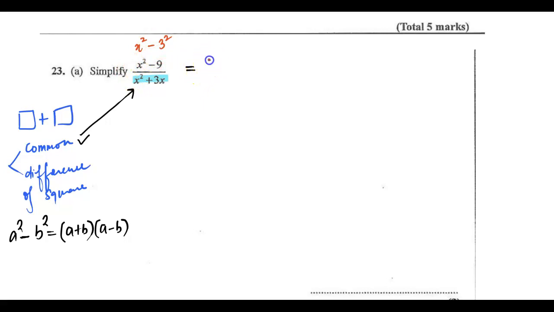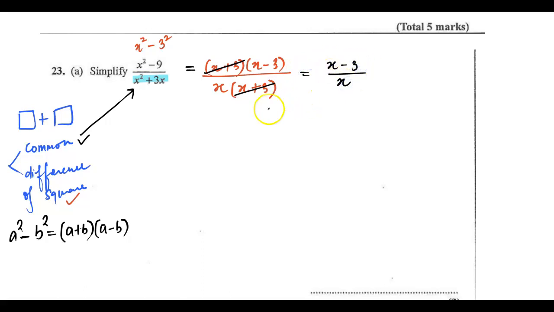Using the difference of squares, it's going to be x plus 3 and x minus 3. And the bottom is, take x common, and it's going to be x plus 3. I'm pretty sure you'll be able to understand what to do next. That is going to be cancelled, x minus 3 over x is your final thing.